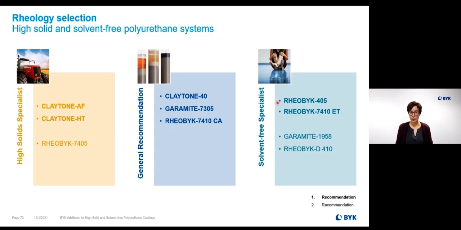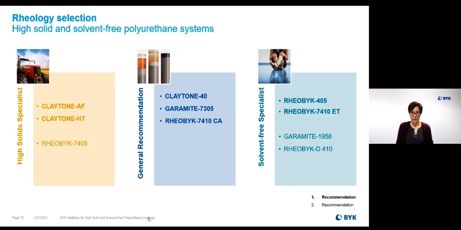Going to the solvent-free specialist, we have the Rheobyk 405 and Rheobyk 7410 ET. We can highlight as second recommendation the Garamite 1958 or Rheobyk D410. And going to the high solid specialists, we have Claytone AF HT, as well as the Rheobyk 7405, which is a TIX booster.